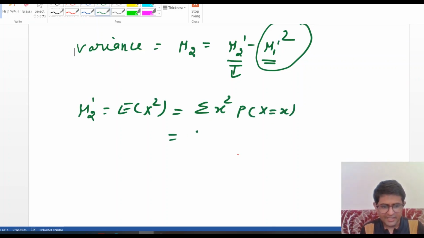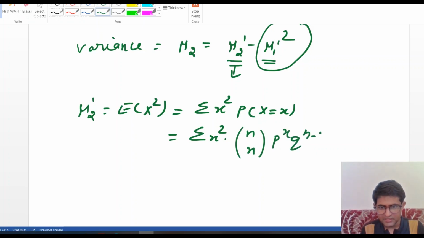Here we have the summation of x square times nCx, the probability mass function of the binomial trial, p to the power x and q to the power n minus x. This is the expression of the binomial distribution.